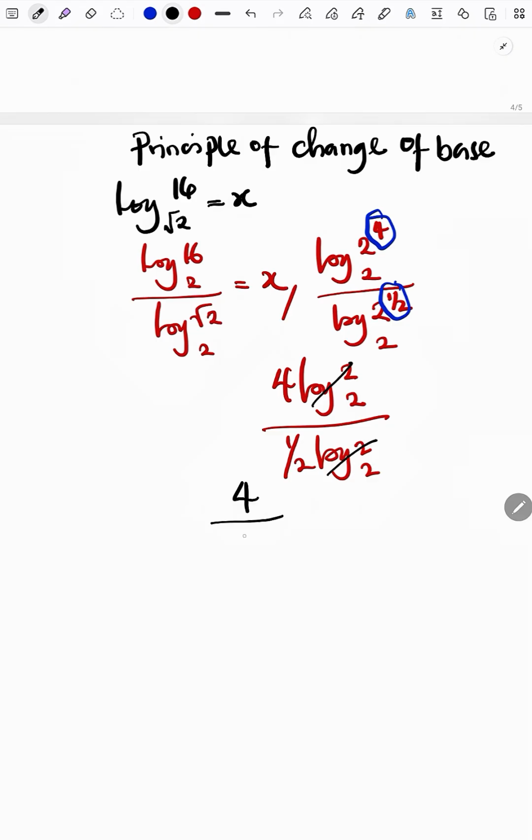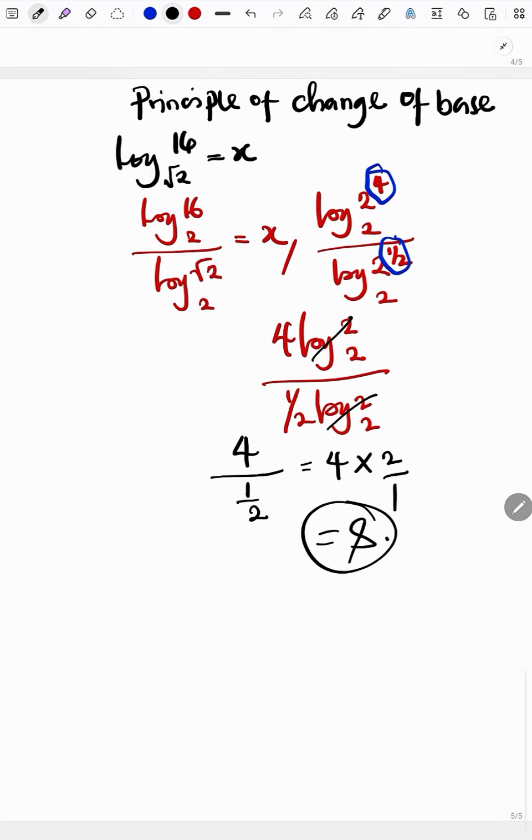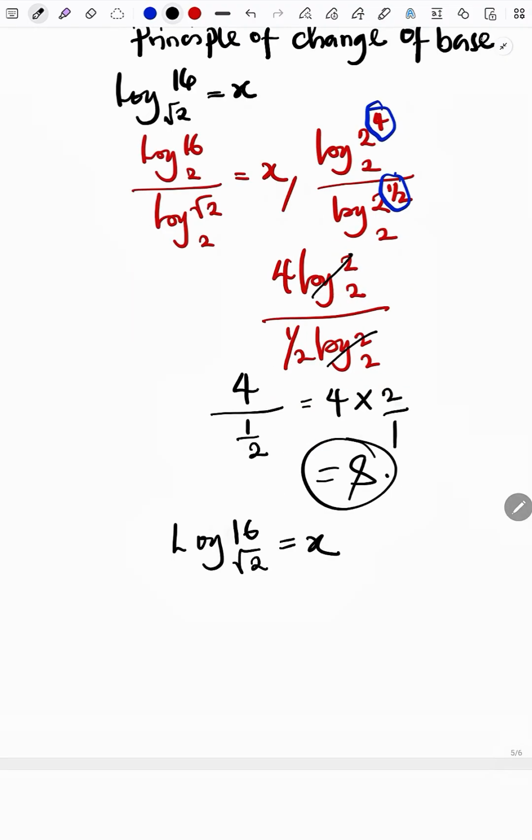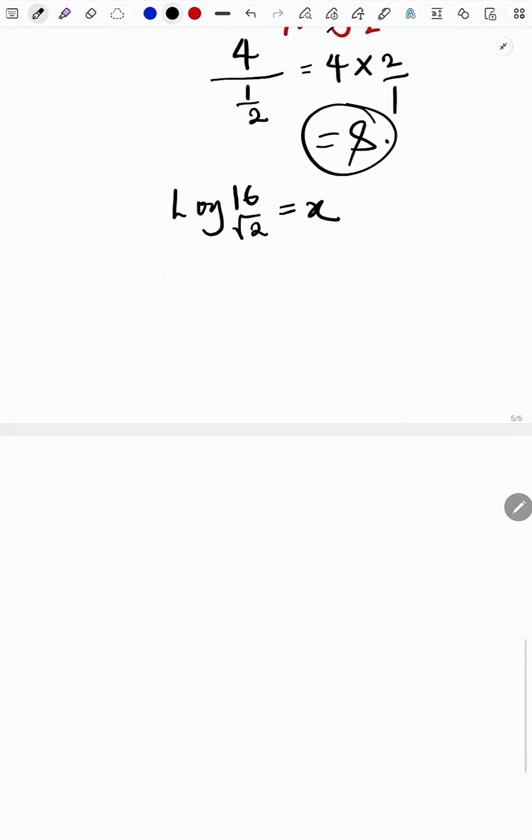We are left with 4 divided by 1 over 2, which is the same as 4 times 2 over 1, which is 8. Now, since we got 8, if you understand your power law properly, you might not need to use the change of base. Yes, I said it. If you understand your power law, there is no need for the change of base.